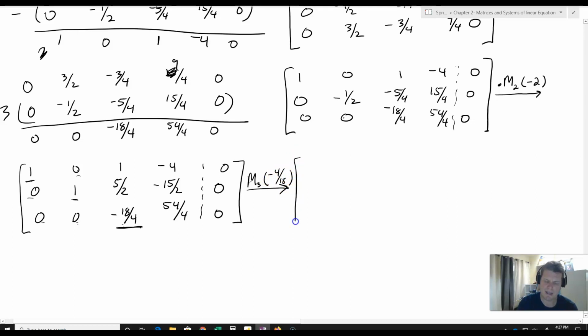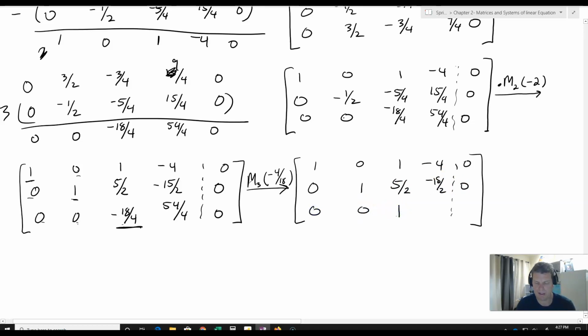And so what that's going to give me is 1, 0, 1, negative 4, 0, then 0, 1, 5 over 2, negative 15 over 2, 0, and then 0, 0, 1, and then what we'll get is negative 54 over 18, which is in fact negative 3, 0.